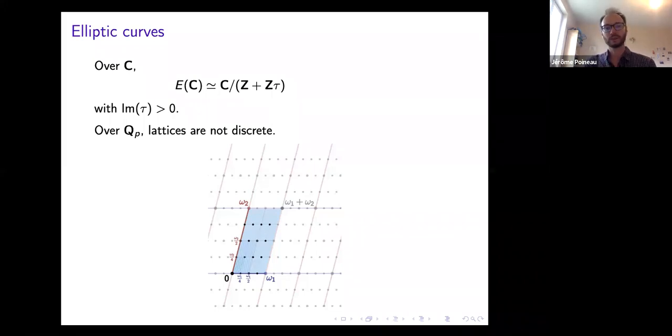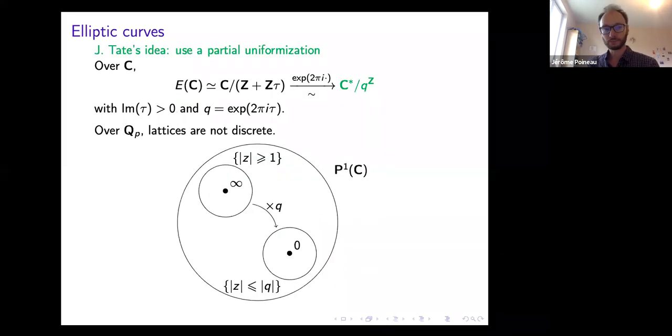But there's actually a way around this, which is John Tate's idea: to use not a complete uniformization, so to speak, but only a partial uniformization. You can start with C modulo your lattice, and compose with the exponential of 2 pi i, if your period is 1, and you now get another quotient, C star, quotiented by the action of some complex number q.